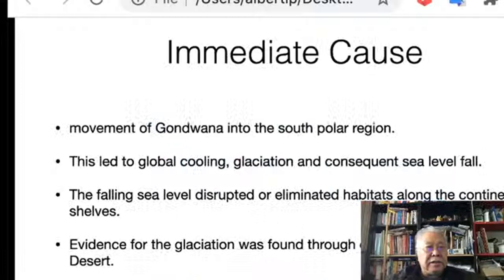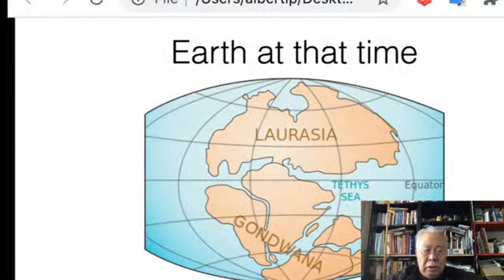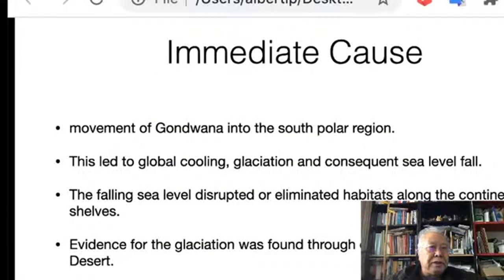It is said to be because of two regions colliding with each other and moving to the South Pole, and that led to global cooling, glaciation and a subsequent sea level fall. The falling sea level disrupted and eliminated habitats along the coastal continental shelves.